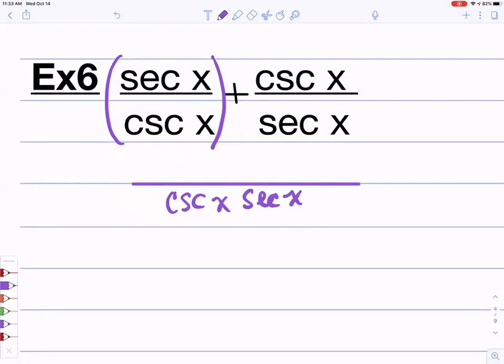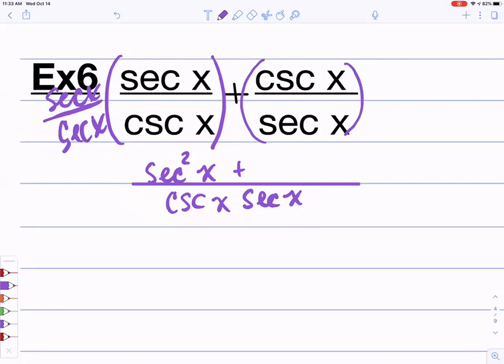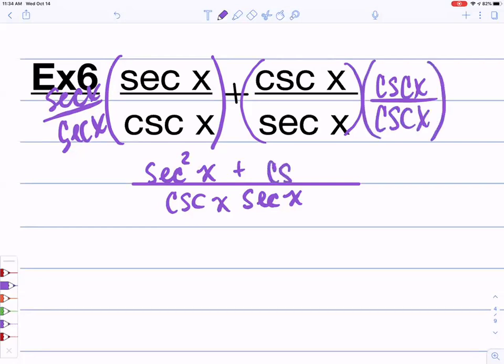Yeah, it's just the number 1. And what does that make my new numerator? Secant squared. Let's do the same thing for the second fraction. What do you need to multiply the second fraction by so that the old denominator matches the new denominator? Cosecant over cosecant. And the new numerator? Cosecant squared.